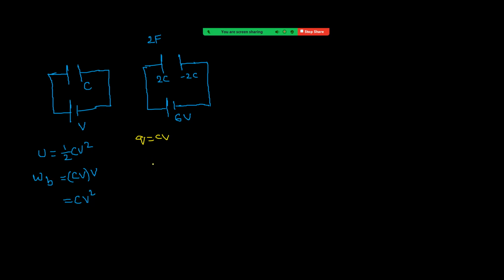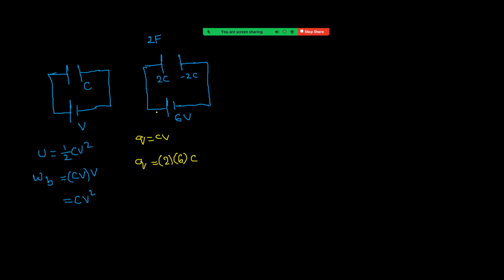So C value is 2 farad and V value is 6. So finally, the charge must be equal to 12 coulomb. Initially we had plus 2, this is minus 2. So finally, this becomes plus 12 and this becomes minus 12.